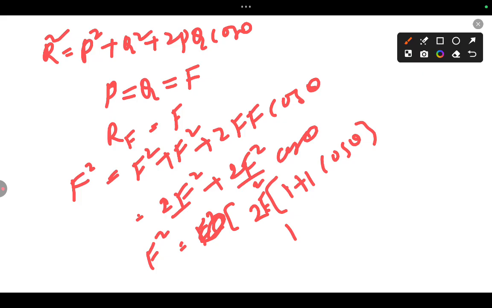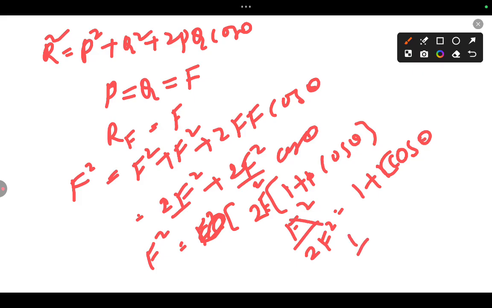Then F square by 2F square equals 1 plus cos theta, so 1 by 2 equals 1 plus cos theta.